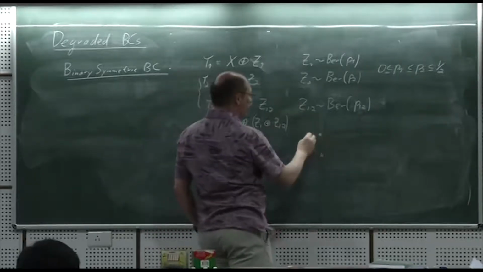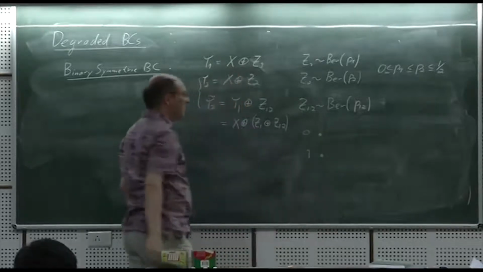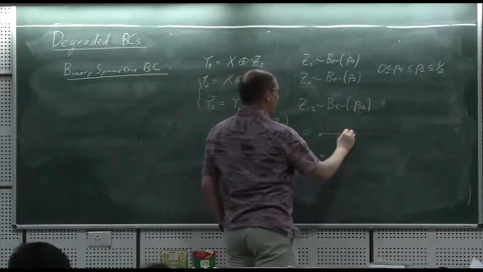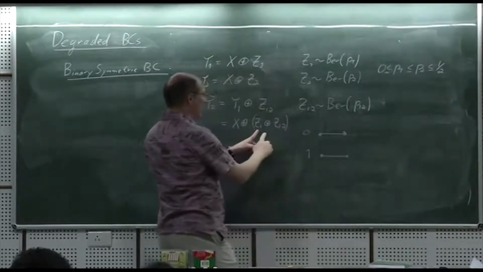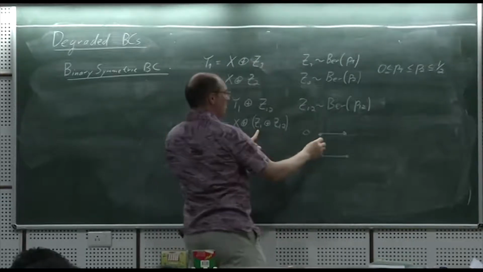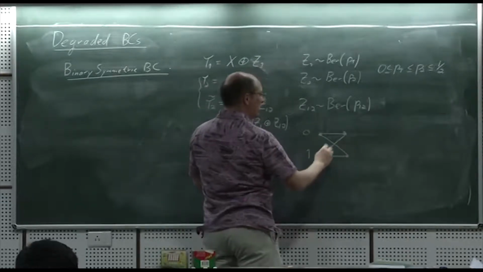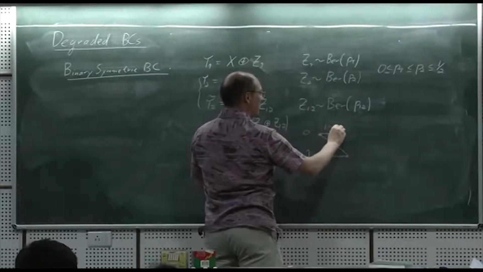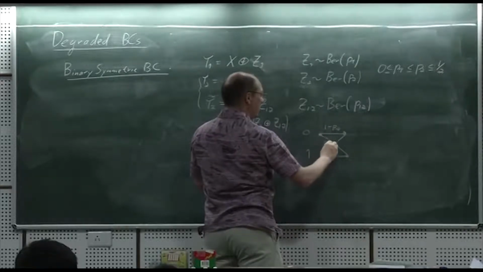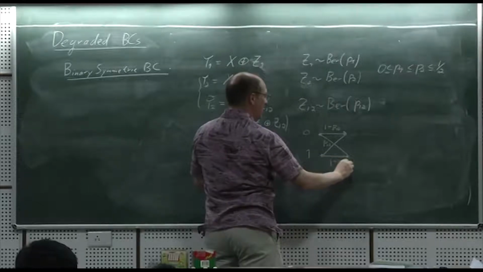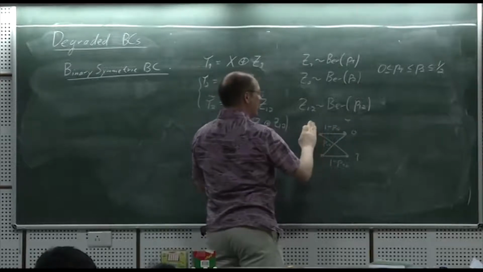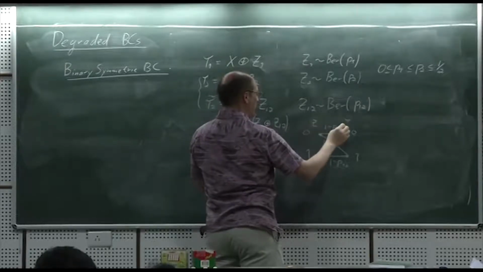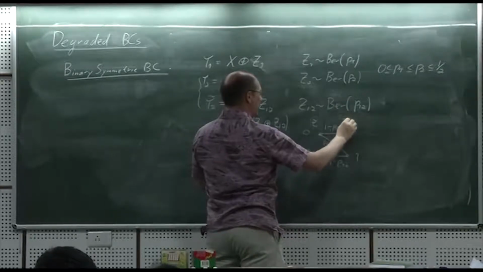So if I start with z1, I already have z1, and then I XOR with z12, so this is the crossover p12. This will be 1 minus p12, this will be p12, 1 minus p12, for 0 and 1, and this is y1 and this is y2.